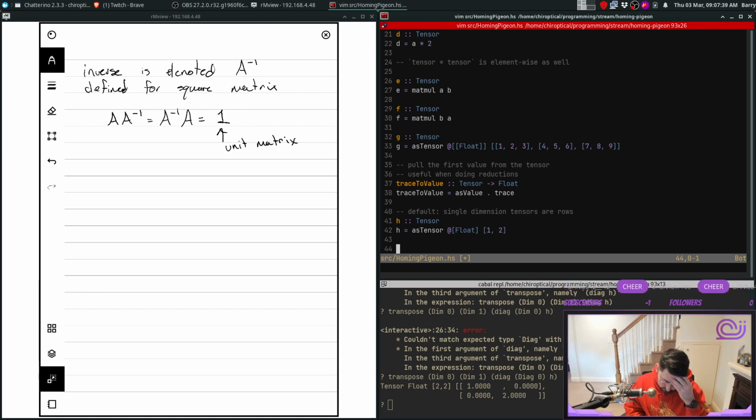Remember that for non-square matrices, the dimensions a matrix can be multiplied with from the left or the right are different. Actually, let me draw this right in the center.